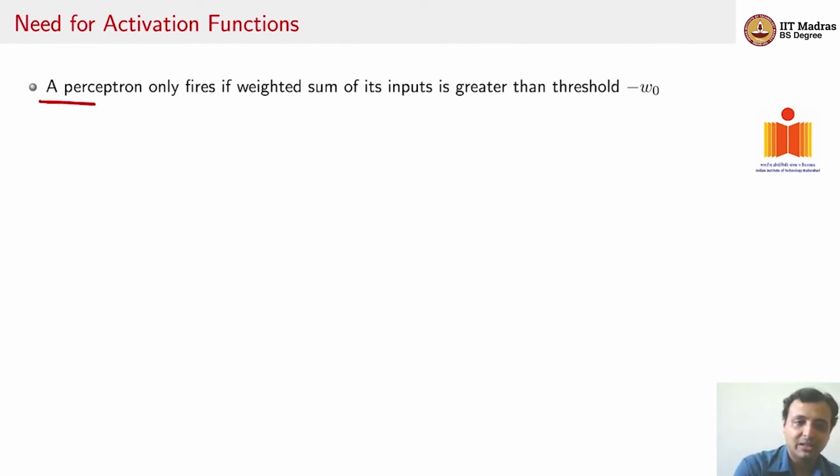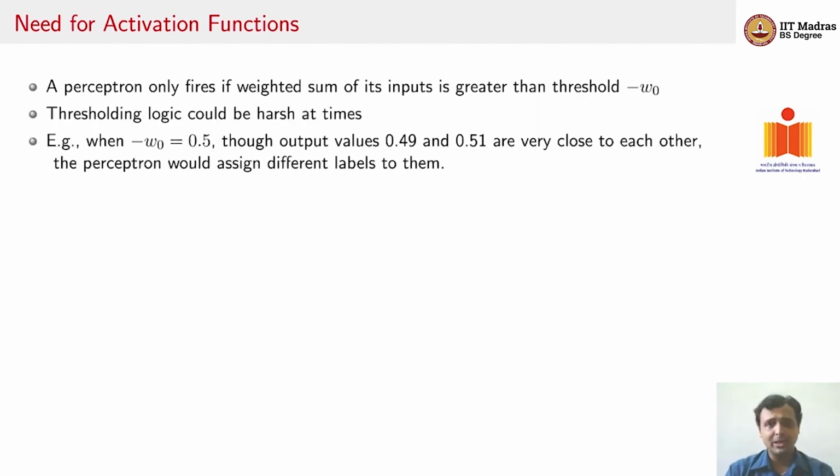So far we noticed that a perceptron only fires when the weighted sum of its inputs is greater than a threshold, minus W naught, which was theta. So this thresholding logic can become very harsh at times.